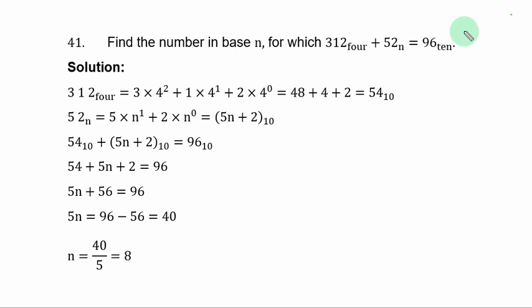Example 41. Find the number in base n for which 312 base 4 plus 52 base n equal to 96 base 10.